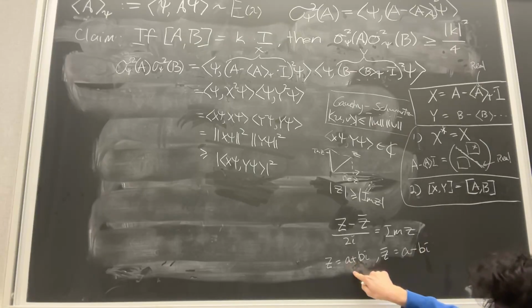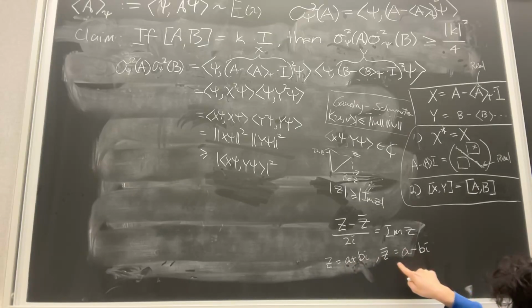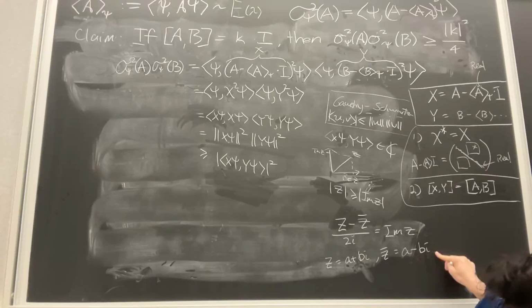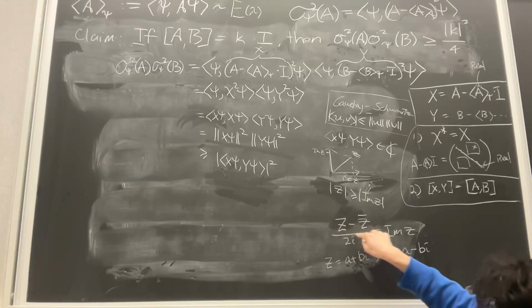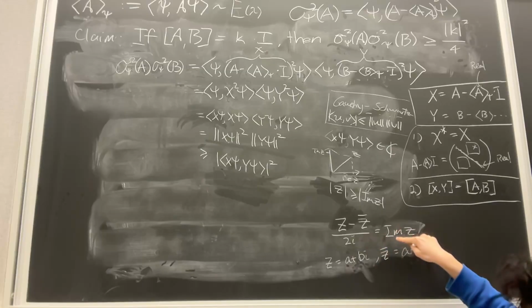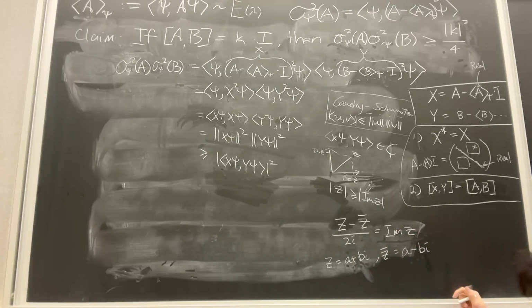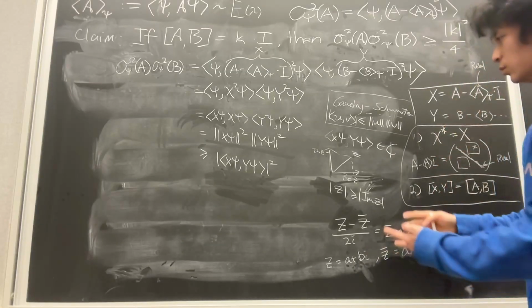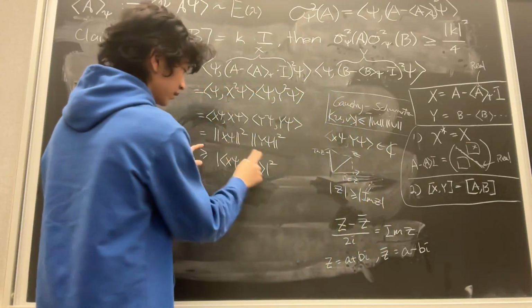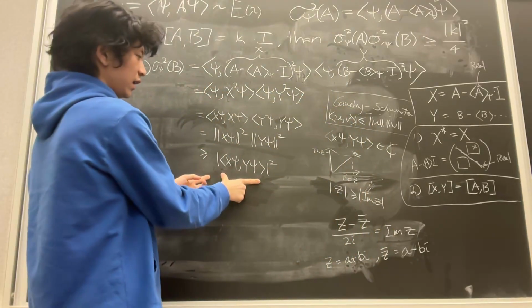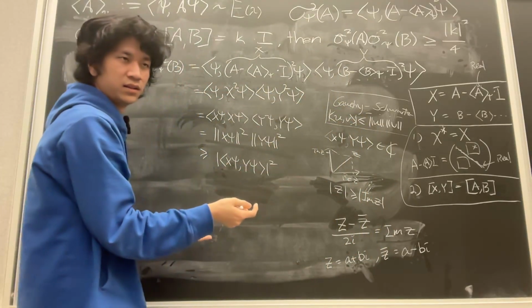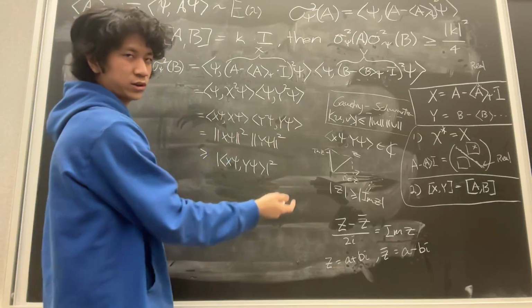When you subtract them, a minus a is 0, bi minus bi, you get 2bi. Then you divide by 2i, so you get just b, which is the imaginary part of z. Okay, so great. The magnitude squared of this complex number would be smaller than the magnitude squared of the imaginary part.